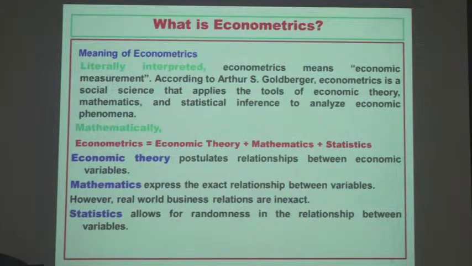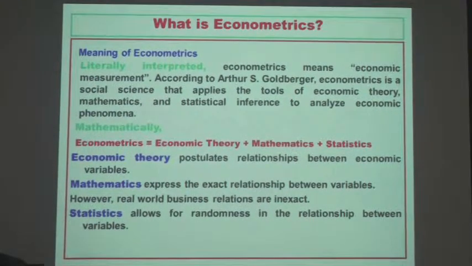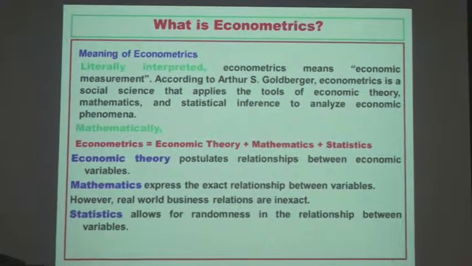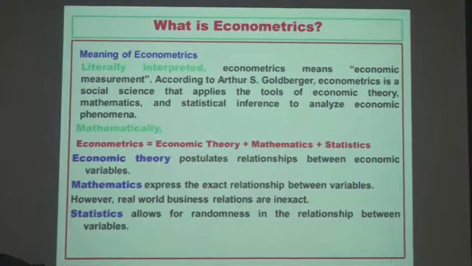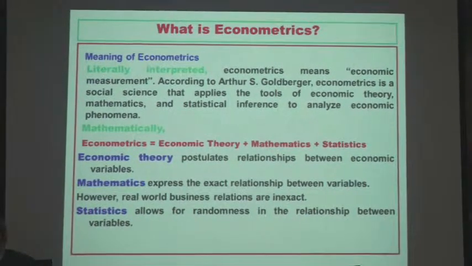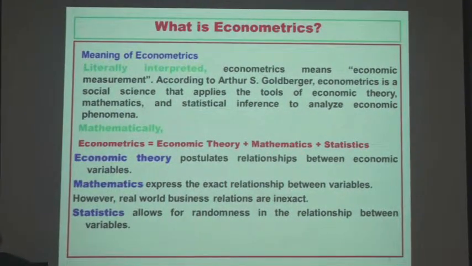So it is the integration of economic theory plus mathematics plus statistics. This is an interdisciplinary approach rather than multidisciplinary. We study economic theory, mathematics, and statistics simultaneously, rather than a different lecture on economic theory, a different one on mathematics, and a different one on statistics. It integrates the things and becomes a new discipline known as econometrics.